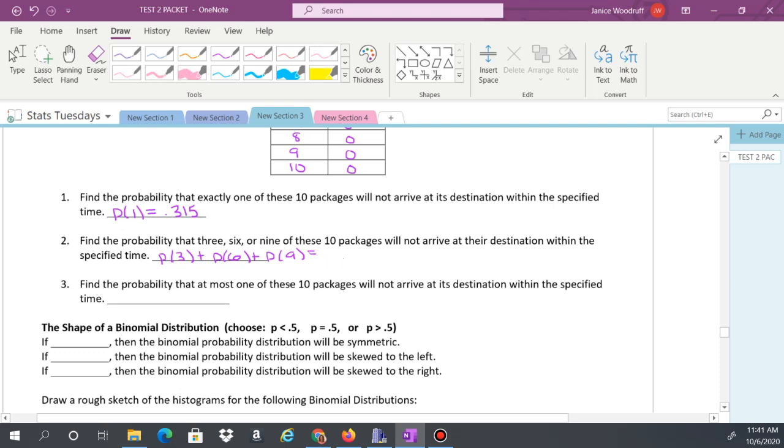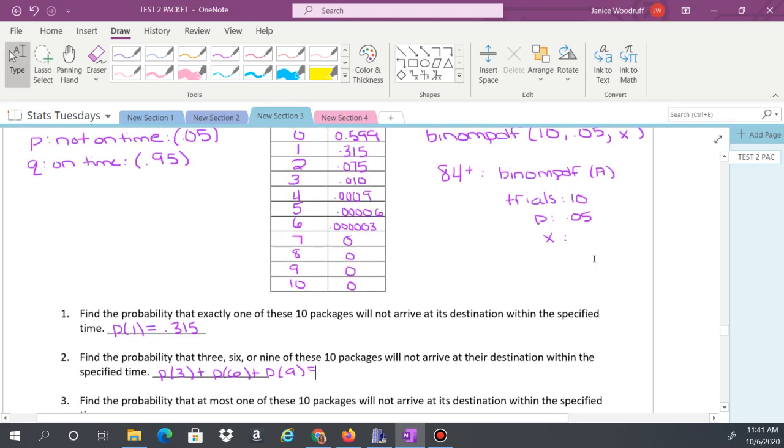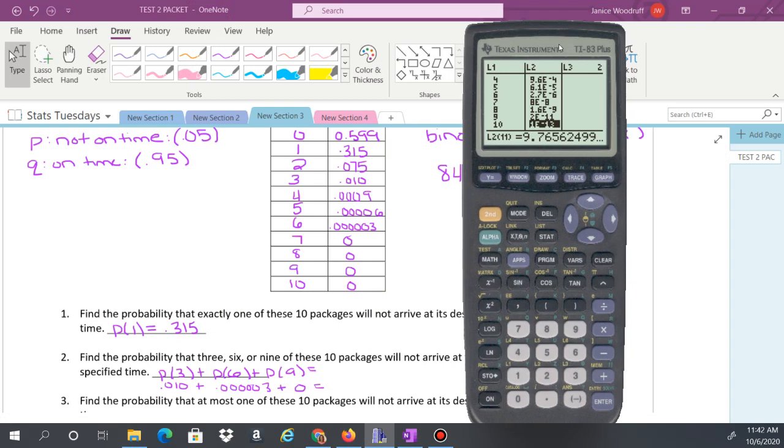Okay, so the probability of 3 is, let's see, that was 0.010. 6 was 0.000003, and 9 was 0. So if we add those together, if I go back to my home screen, you get 0.010003.